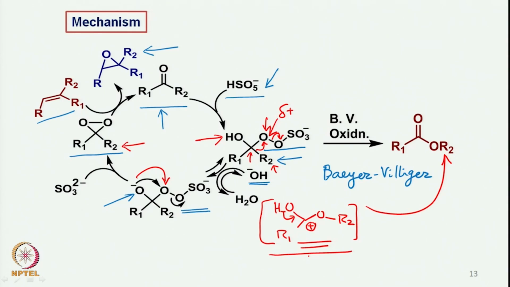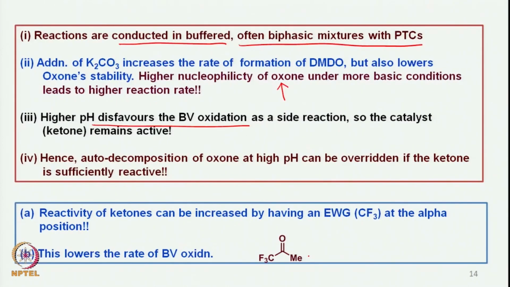So, you can use basic condition. Basic condition helps in decreasing the Baeyer-Villiger oxidation, increasing the dioxirane formation, but of course it allows somewhat decomposition of the oxone. Hence, auto decomposition of oxone at high pH can be overridden if the ketone is sufficiently reactive. So, what can one do? Higher pH, as I said, disfavors Baeyer-Villiger oxidation as a side product formation.